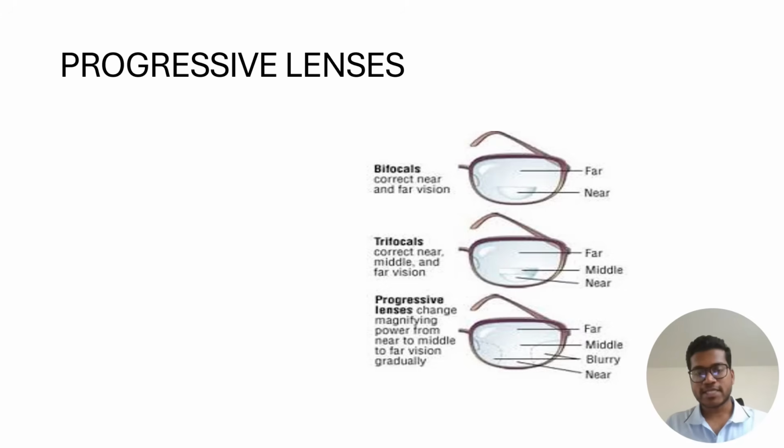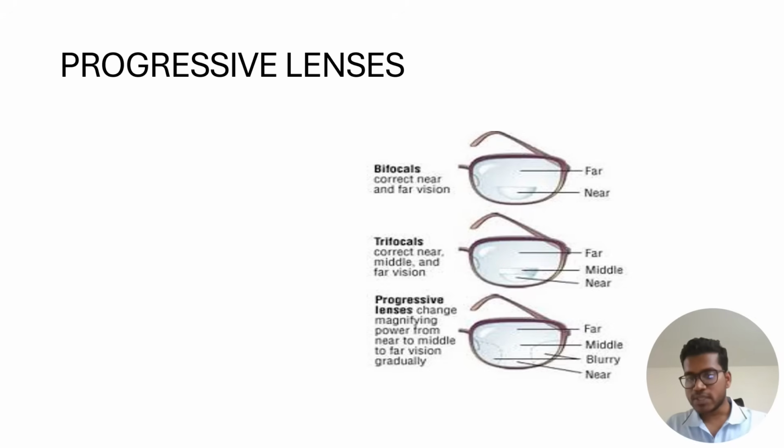So as I just explained, bifocals actually correct far, which is long distance, and near, which is short distance. So these two vision types will be covered in those lenses, and it depends on the individual and the individual's problems. Somebody has far vision issues, somebody has short vision issues, so it depends on the individual. Same thing goes for trifocals.